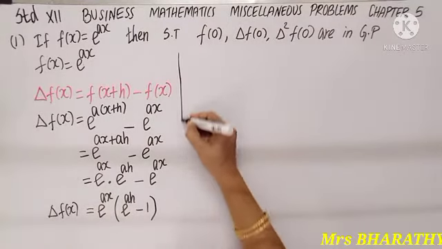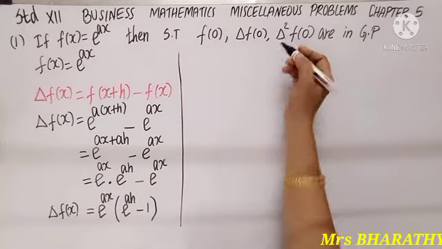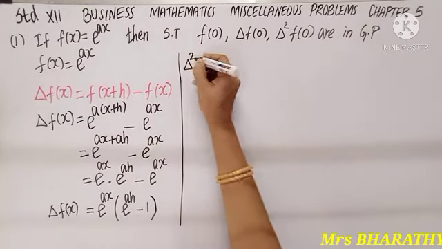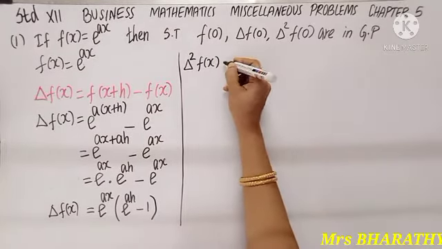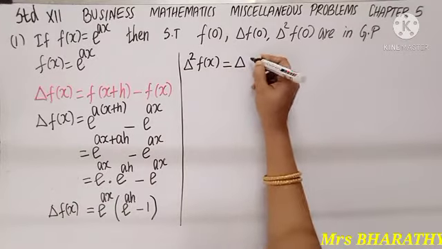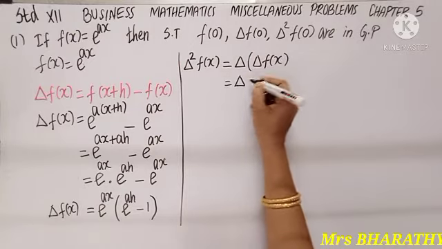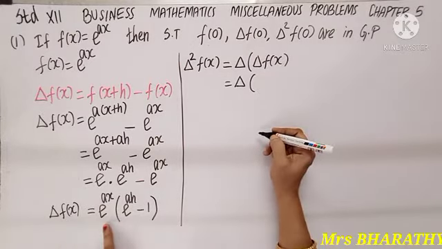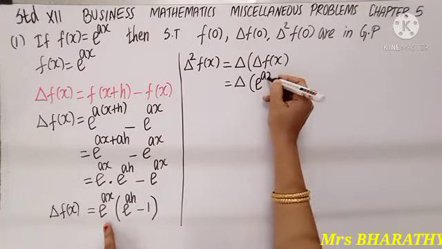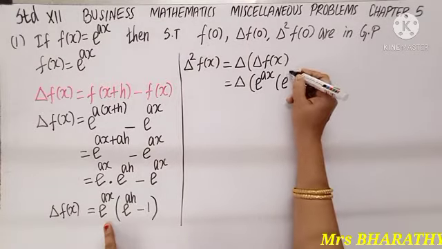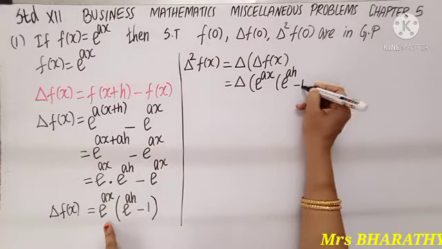The next step, let us find out del square f of x. This tells me del of del f of x. That is del of, what is del f of x? E power ax into e power ah minus 1.